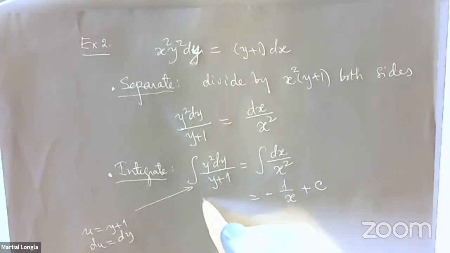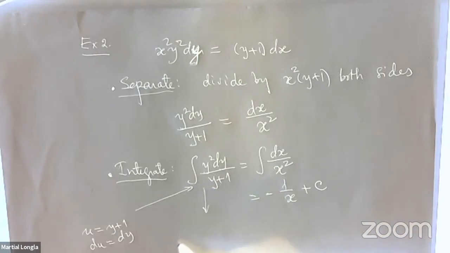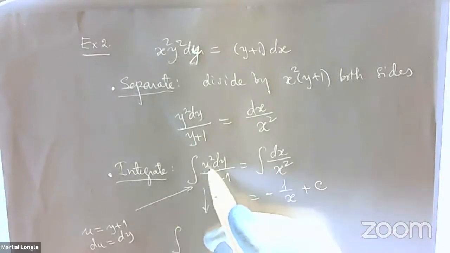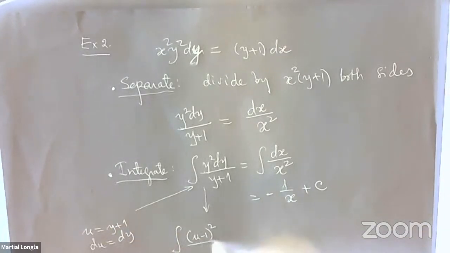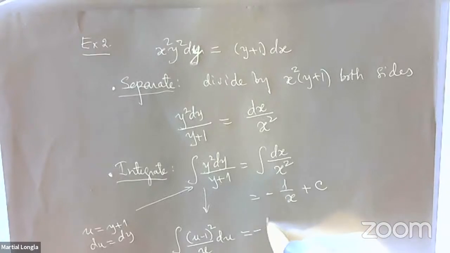So that integral is the integral of y squared, where y is u minus 1, so that's u minus 1 squared, over y plus 1, which is u, and dy is du, equals minus 1 over x plus c.